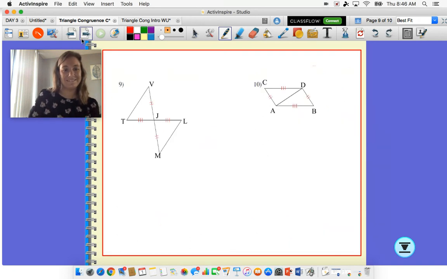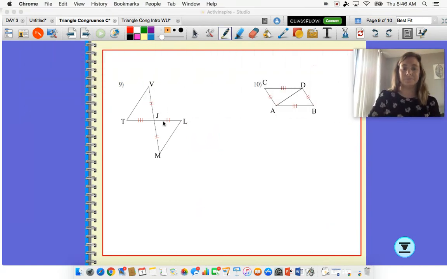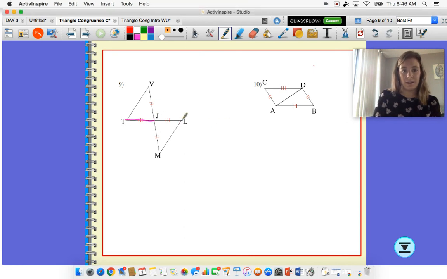The last two. If you haven't paused the video, do it on this. So here I'm given two pieces of information. I can see that TJ and LJ are congruent because it's given to me. I can see that VJ and MJ are congruent because it's given to me. And is there anything else I can see? Why are those congruent?